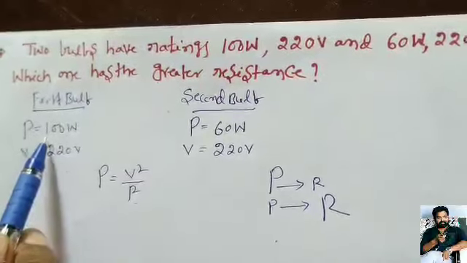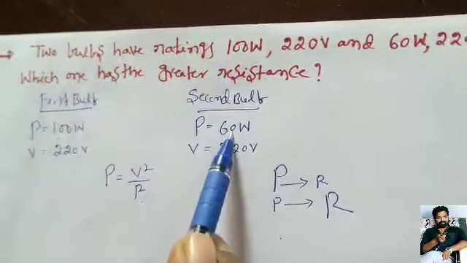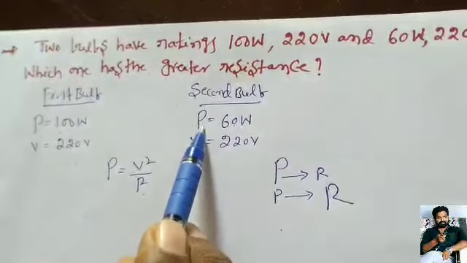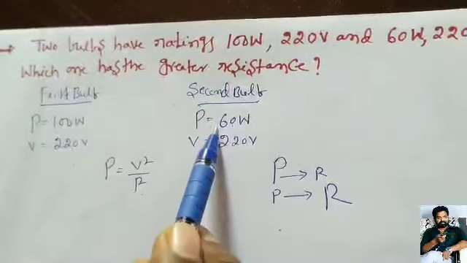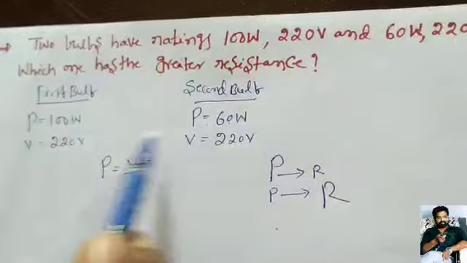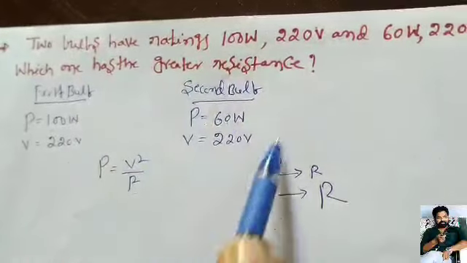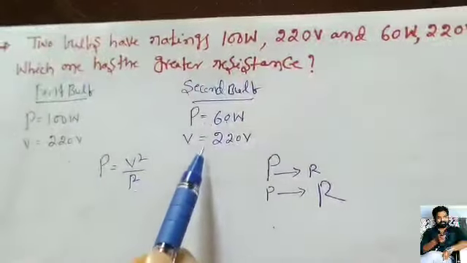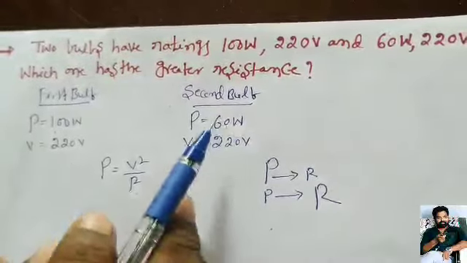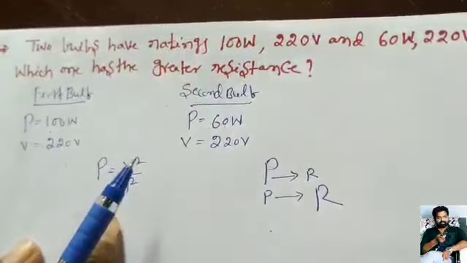See here, here power is 100 watts, here power is 60 watts. The bulb which has less power has greater resistance. It means out of the first and second, the second bulb has greater resistance.